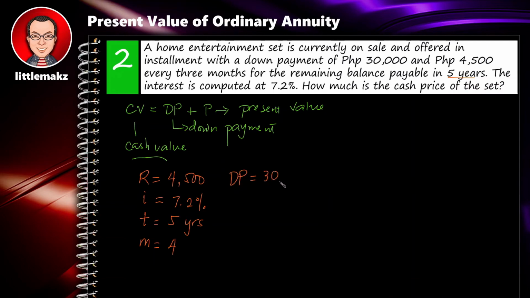It's 30,000 pesos. So we have to find out what J is, so we could input that in our formula. J is equal to 7.2% divided by 4, or that is equal to 0.072, okay, divided by 4, and that is actually equal to 0.018.